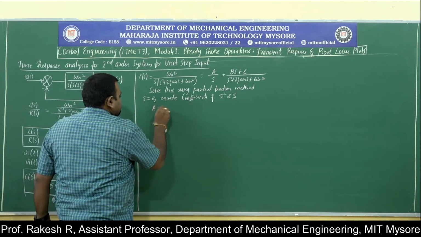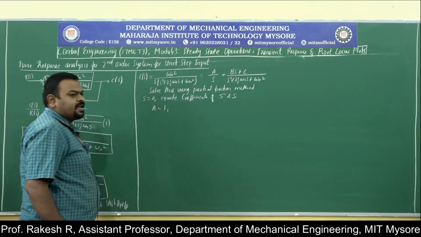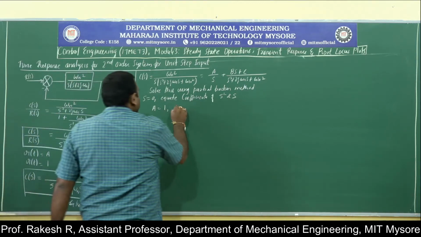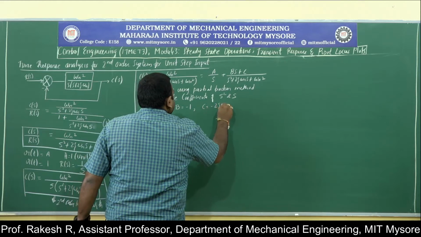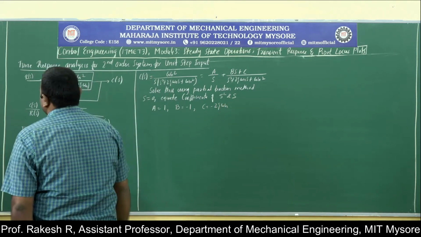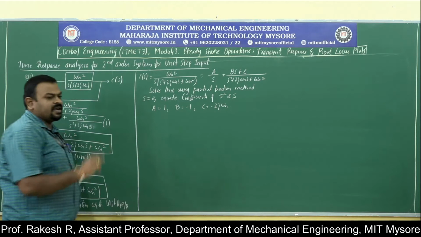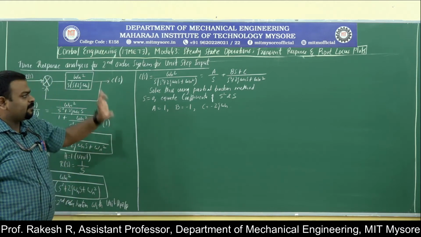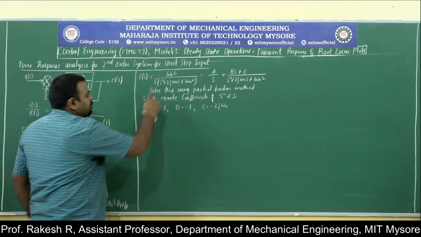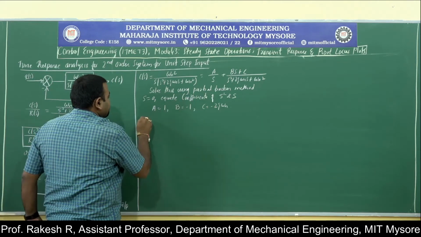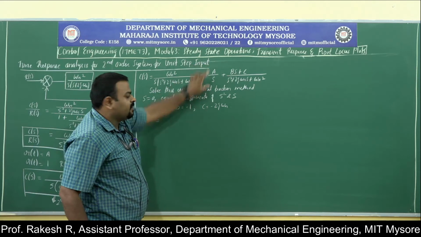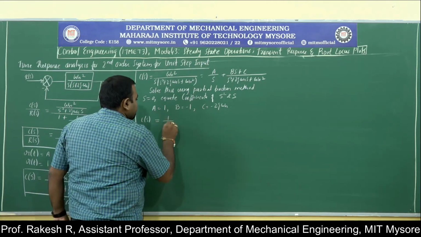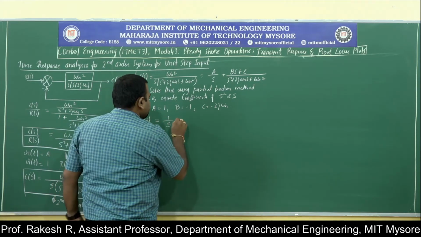If we solve this, the values you will get are A equal to 1, B equal to -1, C equal to minus 2 zeta omega n. These are the values you will get when you solve the partial fractions. So I will replace this: C of S will be equal to, A is 1 by s. What is B?